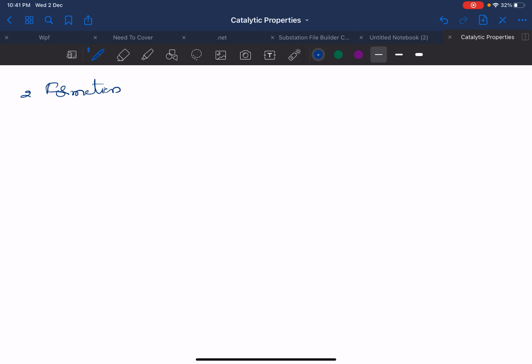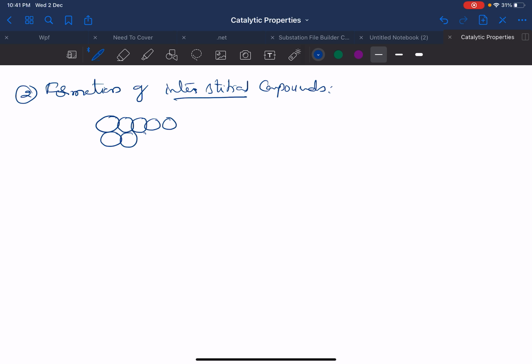So next, the second property: formation of interstitial compounds. In crystal structures in the solid state, we have already learned about interstitial spaces. What are interstitial spaces? If you take a small crystal, all the atoms in that crystal are in a closely packed arrangement.